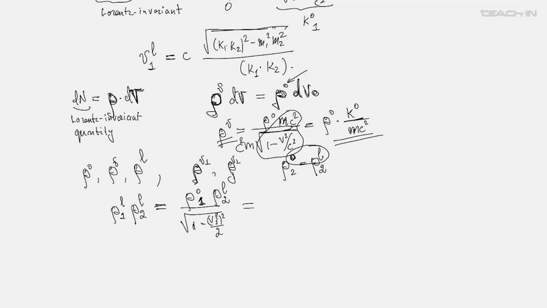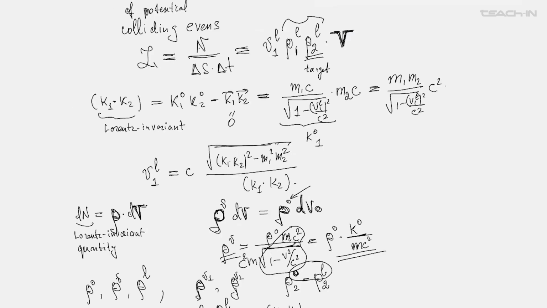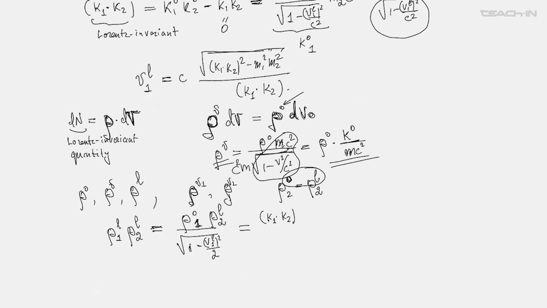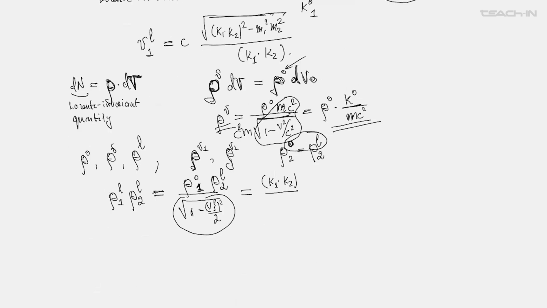It's K1 multiplied by K2. This is the way I express this square root, 1 minus v1 squared, this one. And I need to divide it by m1, m2. Then this is what replaces for me the square root.